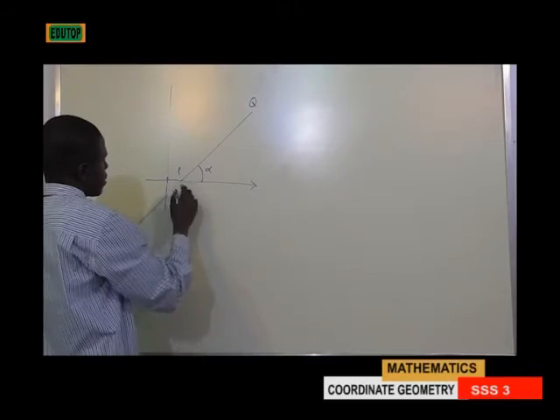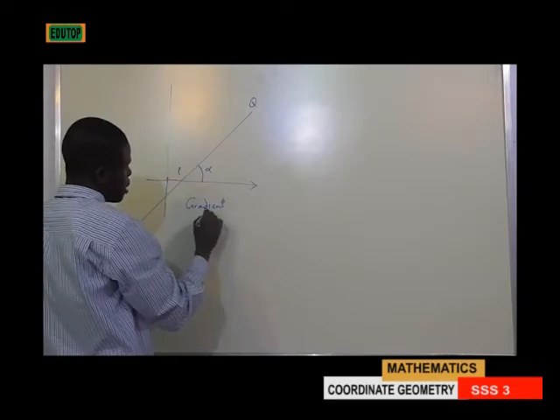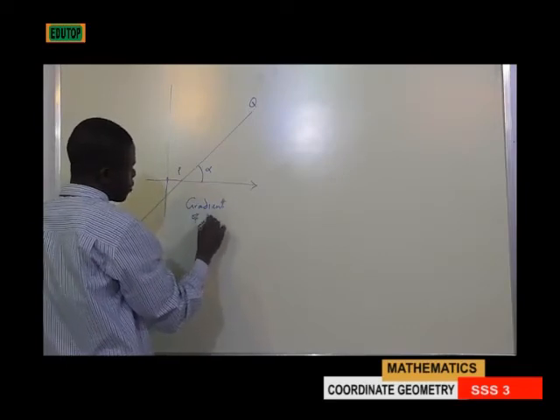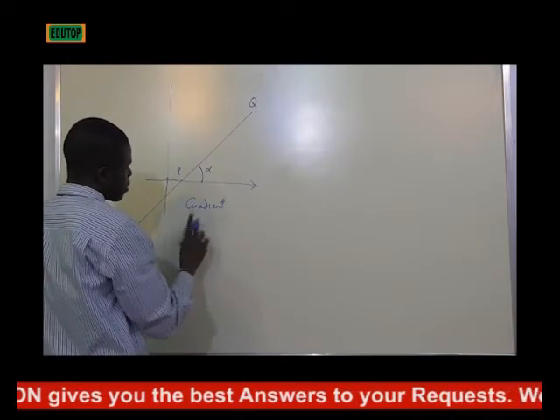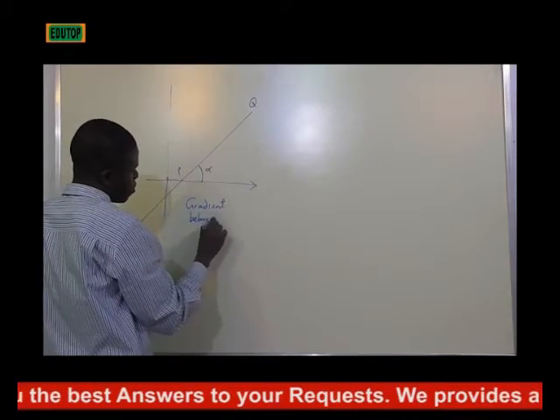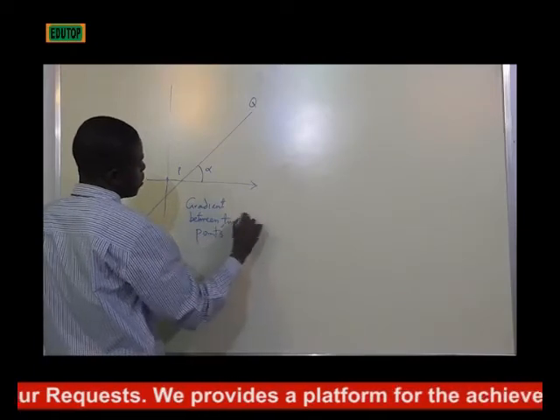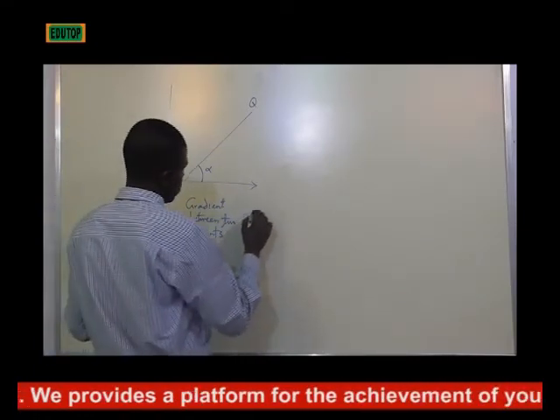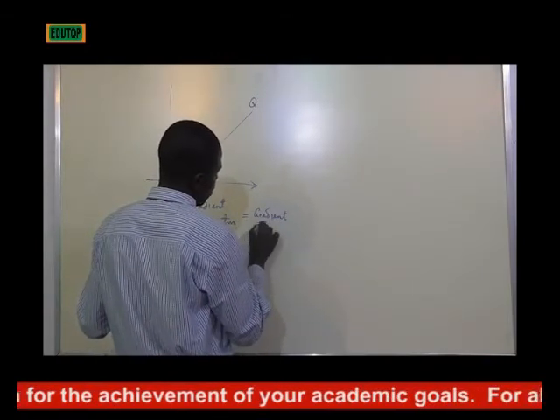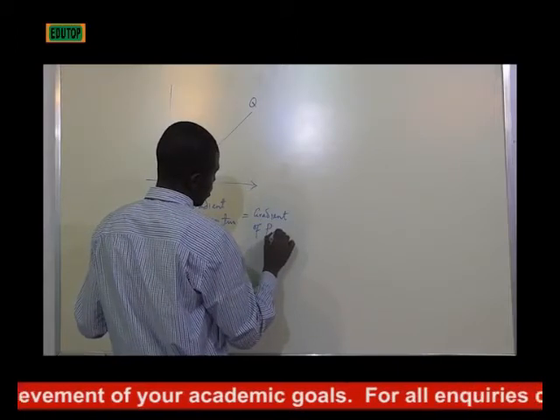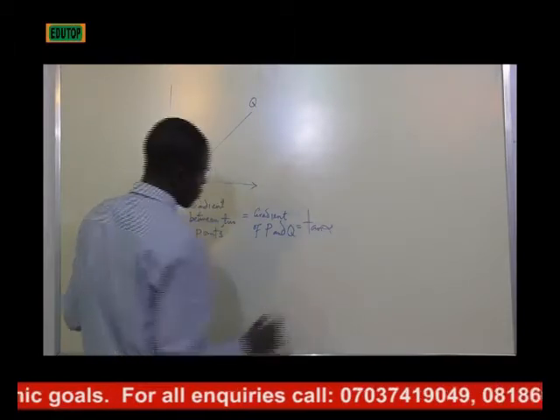The gradient between two points, the gradient of P and Q, is equal to tan alpha.